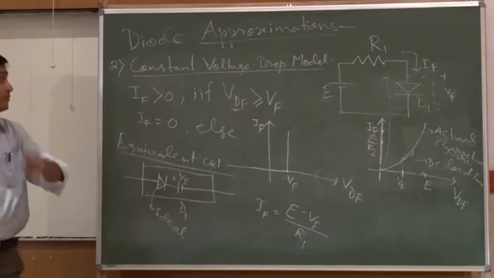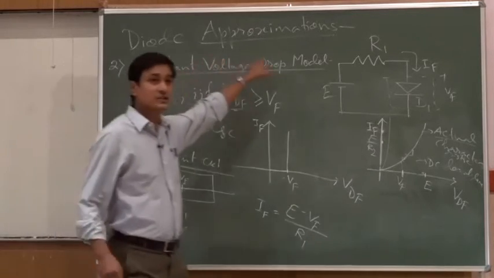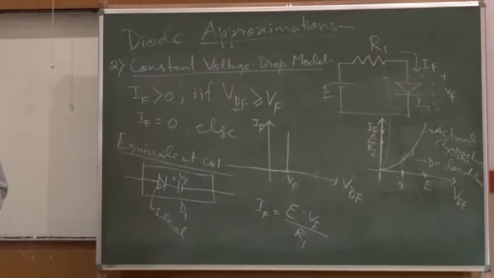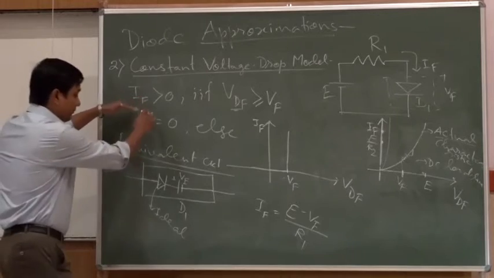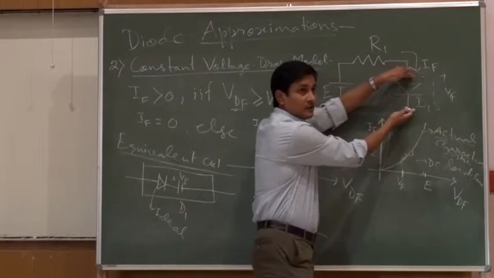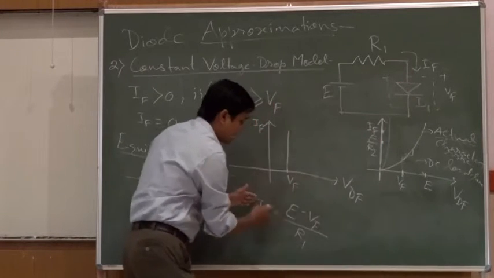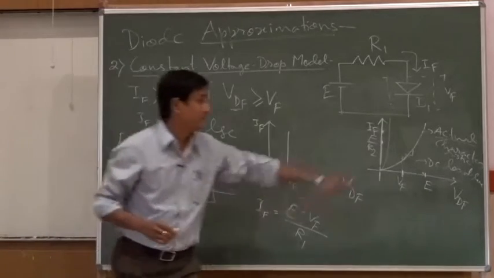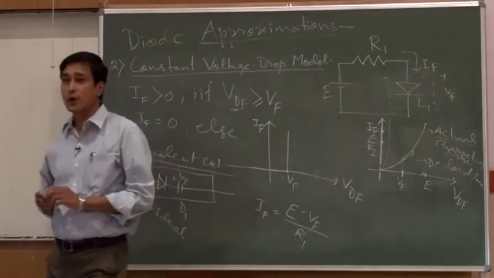That is why this model is named the constant voltage drop model of the diode. Fine. So, if this equivalent circuit is now placed at this place, and the current we have found here is E minus Vf by R1, I think it is much simpler than the DC load line analysis and its Q point finding.